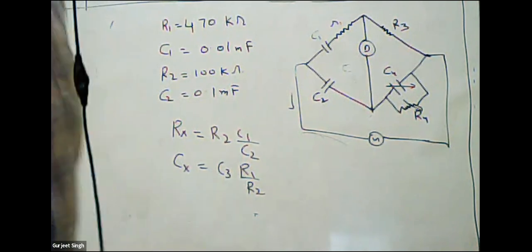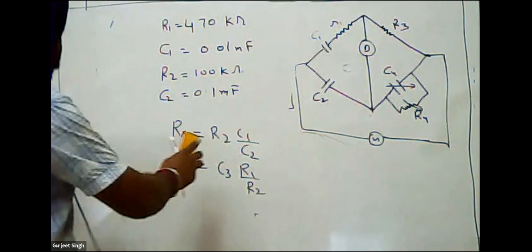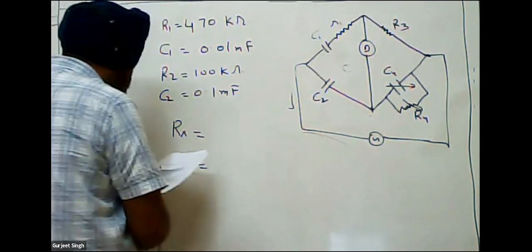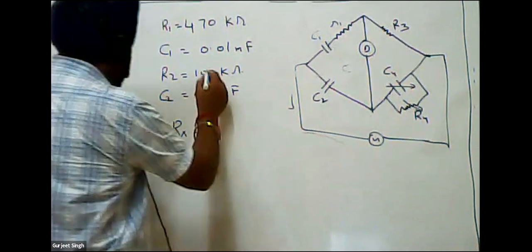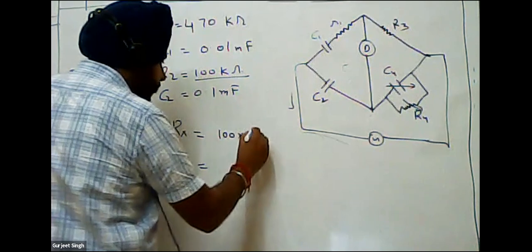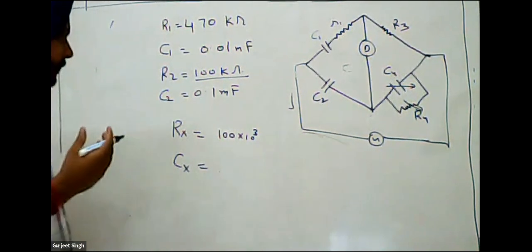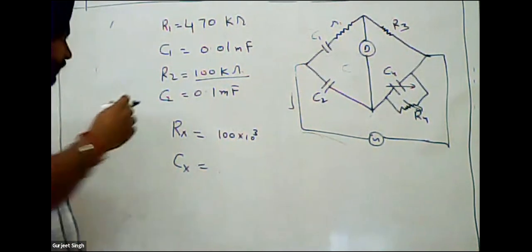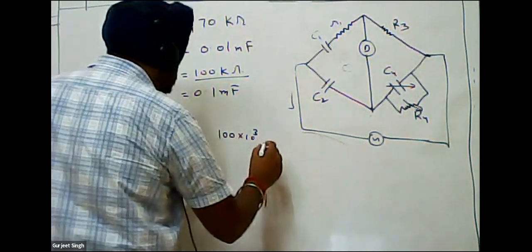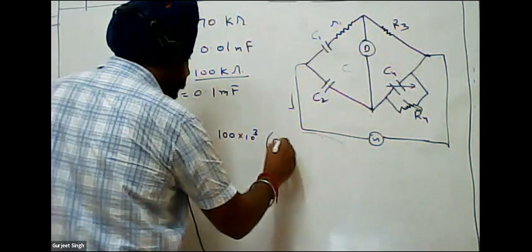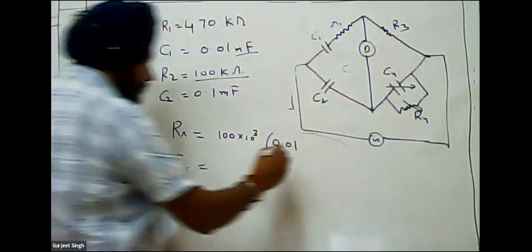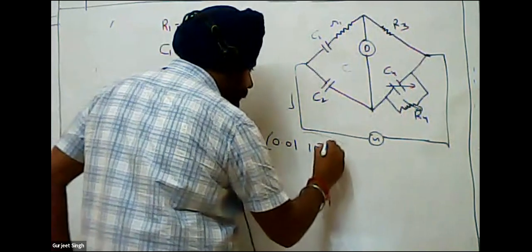So we will put the values here. R2 value is 100 kilo ohm, so we write 100 into 10 to the power 3, since kilo ohm means 10 to the power 3. C1 value is 0.01 microfarad, and microfarad means 10 to the power -6.